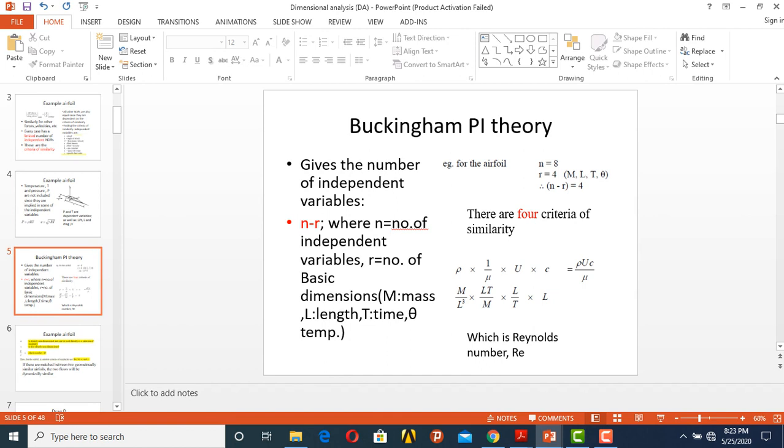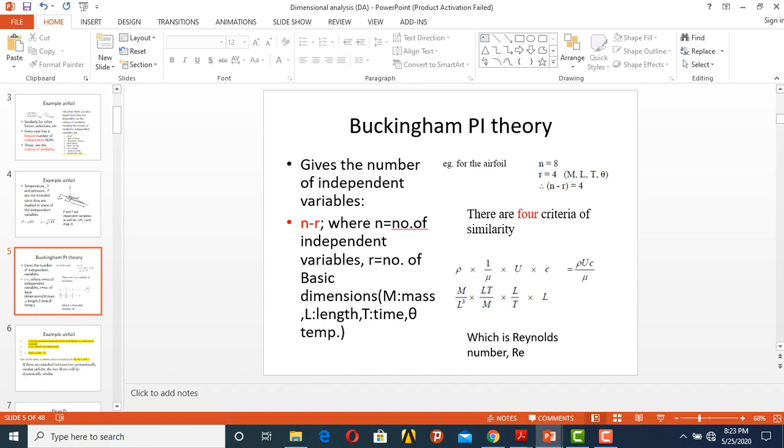So this Buckingham pi theorem covers the ways on how to come up with those non-dimensional ratios. So first of all, we are going to look at the dependent variable, and we'll look at how many variables it depends on.